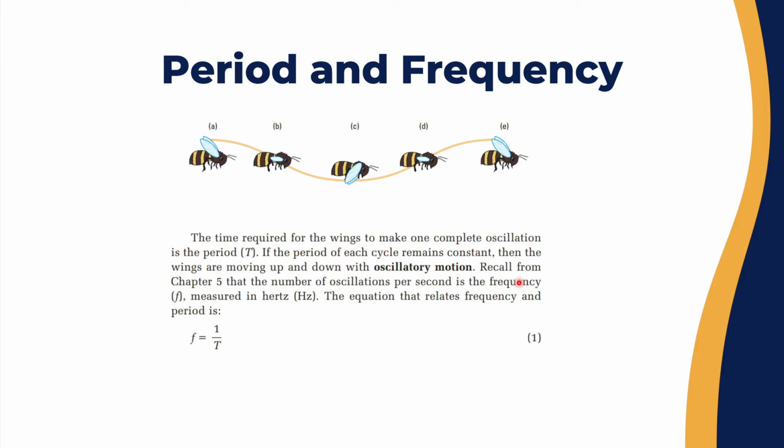If the period of each cycle remains constant, then that means the wing is moving up and down with an oscillatory motion. And we remember before that the number of oscillations per second is the definition of frequency, which we measure in hertz. The equation for frequency, we remind you here, is f equals 1 over T, which means frequency equals 1 over period.